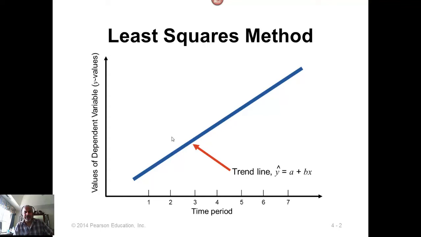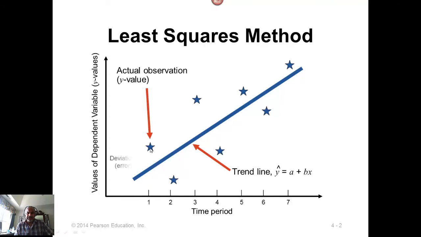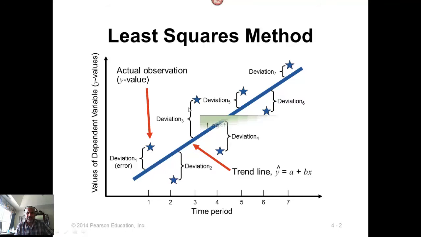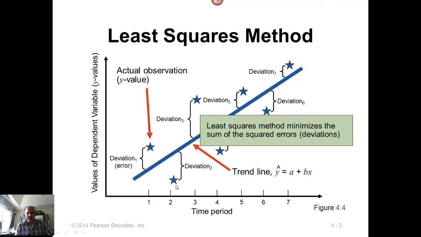Here in least squares method, what we try to do is you look at the actual value. So these stars are the actual values, and the straight line is the predicted value, a plus bx. Now there will always be some amount of deviation between the actual value and the prediction equation. So this is called the prediction error or deviation.